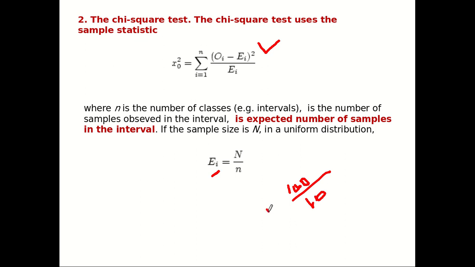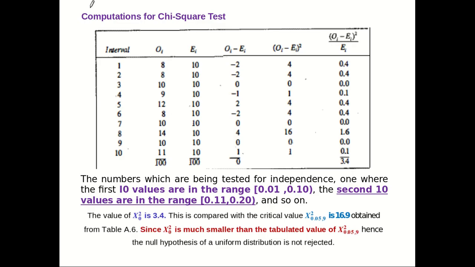The first interval is 0.01 to 0.10, the second interval is 0.11 to 0.20, and so on. In each interval we expect 10 values.